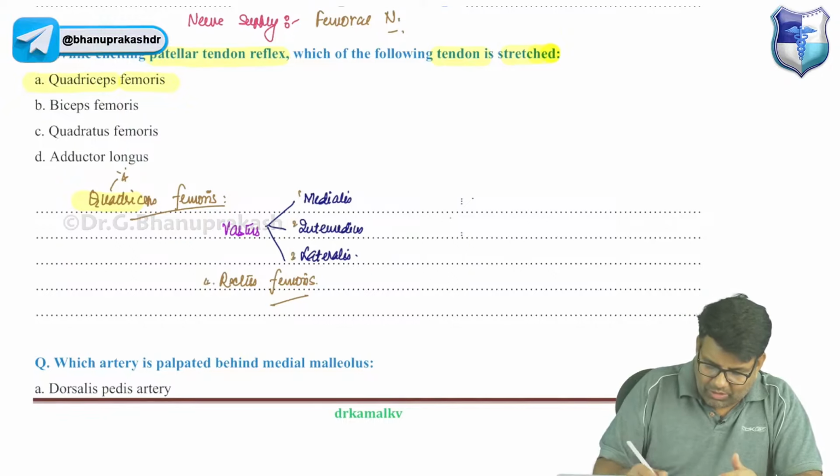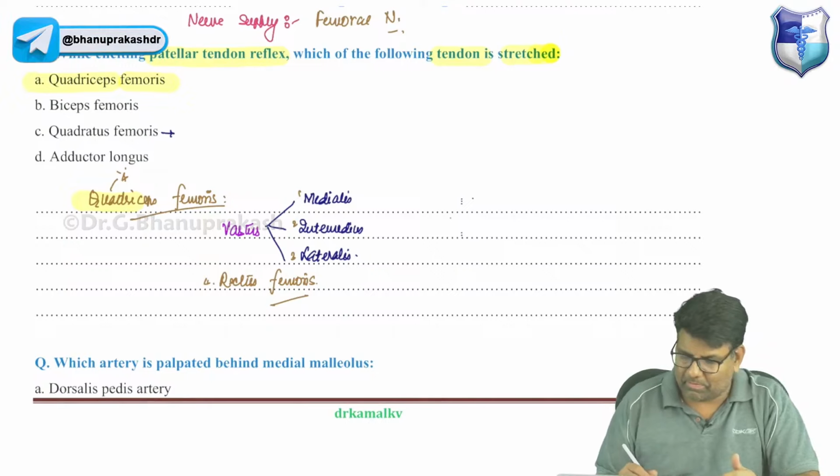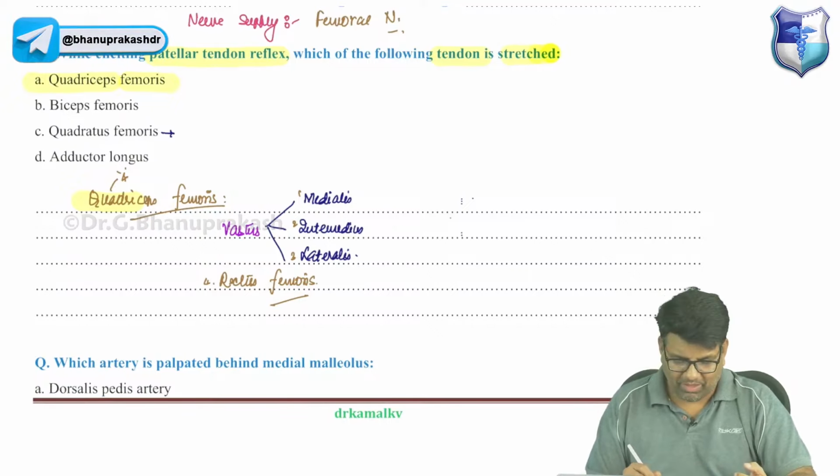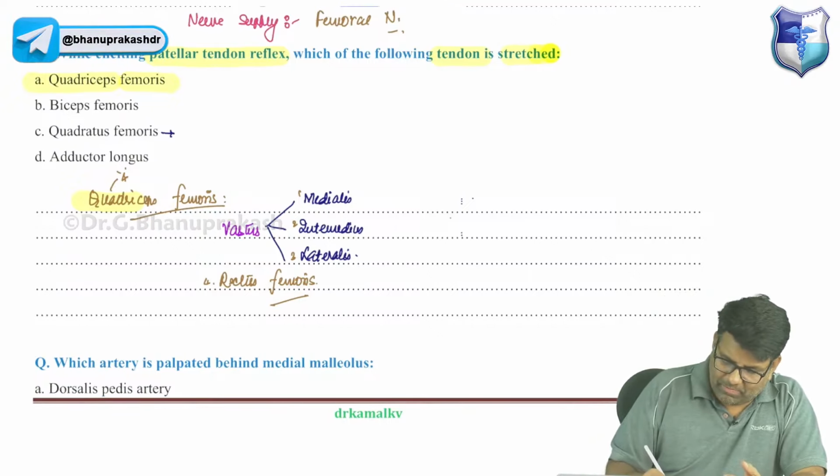Now, what is this quadratus femoris? Any idea what is quadratus femoris? Yes, you are right. What is this quadratus femoris? This is a muscle in the hip joint.